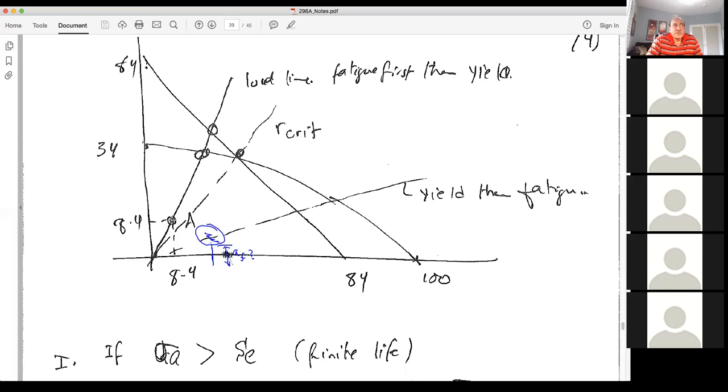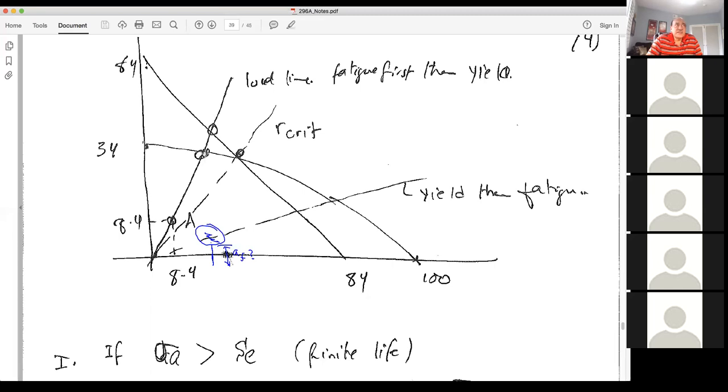And you can see this point is far away from any danger, because the first time the load line is going to meet the fatigue limit first, and then as you continue the load, you're going to meet the yield limit. So this situation can result in fatigue failure before yield.